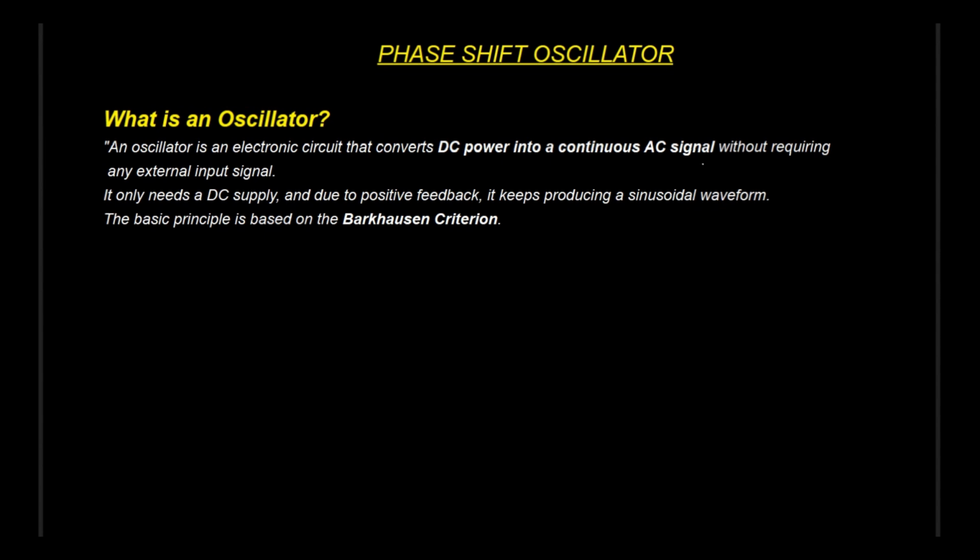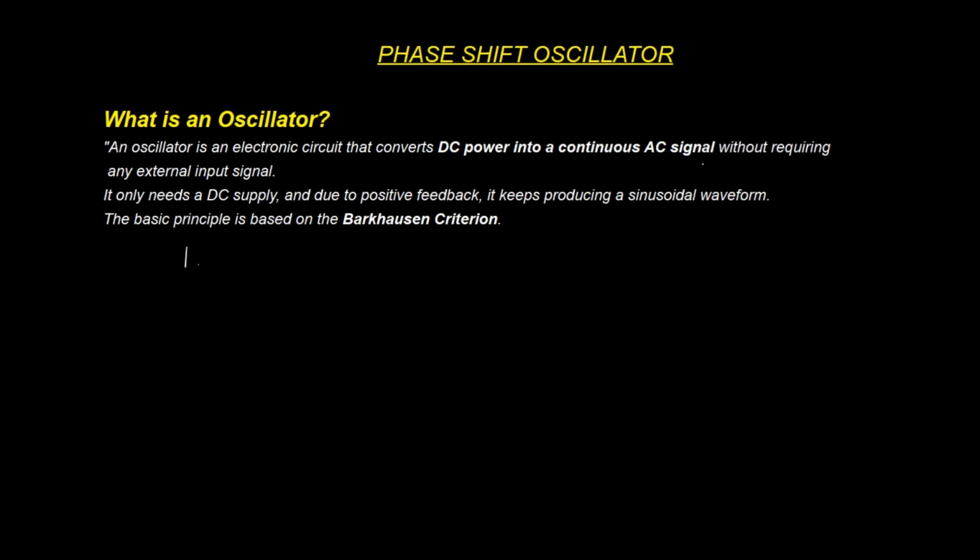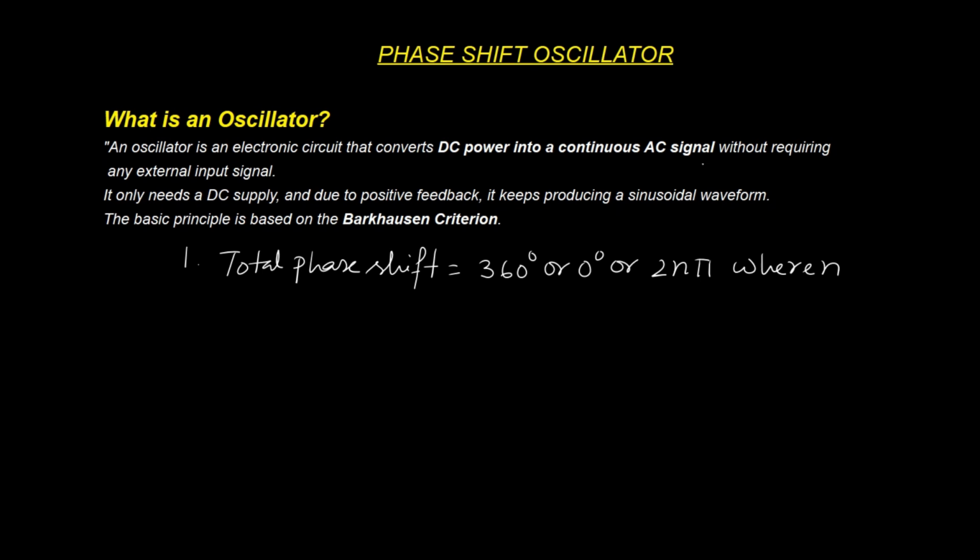So, for sustained oscillation, two conditions must be satisfied. First, the total phase shift is equal to 360 degrees or 0 degrees, or you can say 2nπ, where n equals 0, 1, 2, 3, and so on.